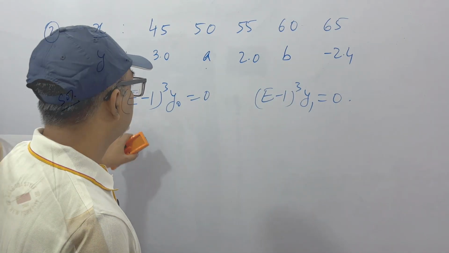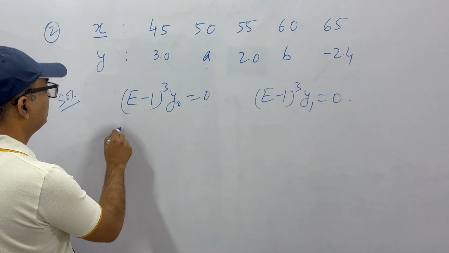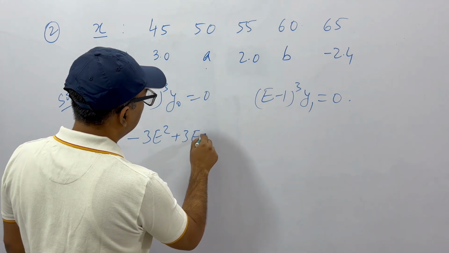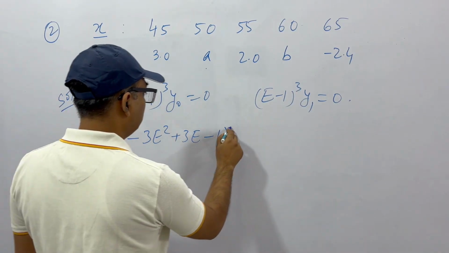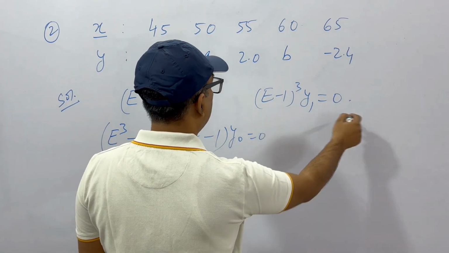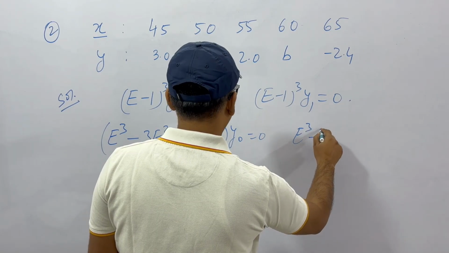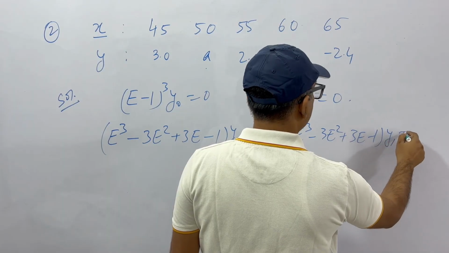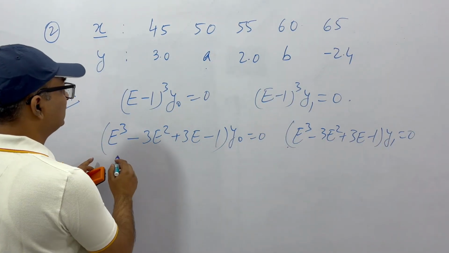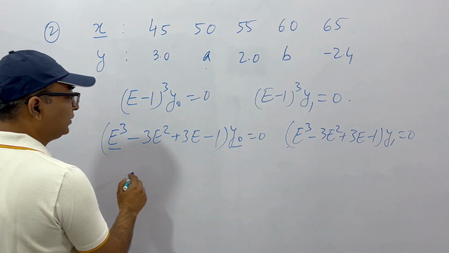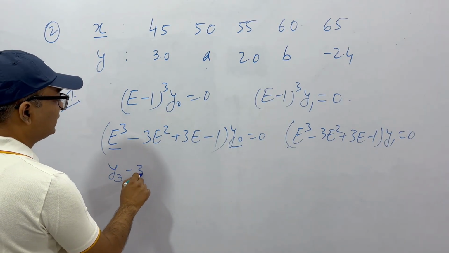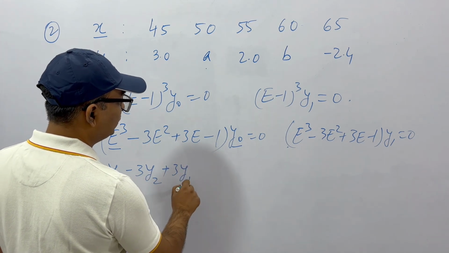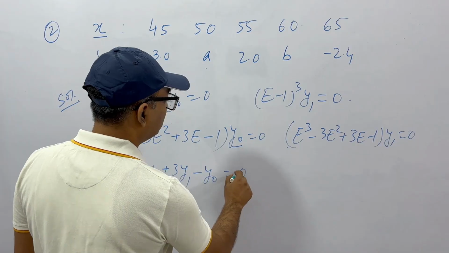So this comes to E cube minus 3E square plus 3E minus 1 into y0 equal to 0, and similarly E cube minus 3E square plus 3E minus 1 into y1 equal to 0. So E3 of y0 will be y3 minus 3y2 plus 3y1 minus y0 equal to 0. This is the first equation.